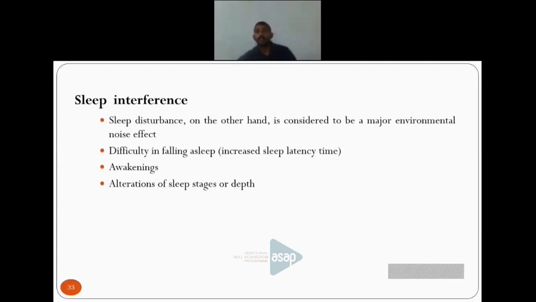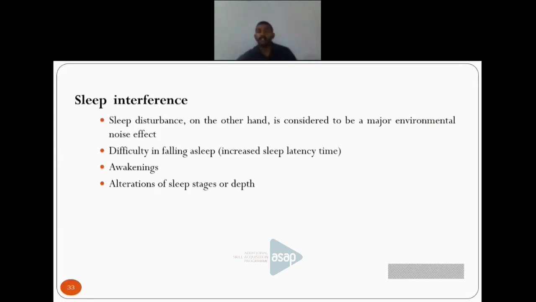Studies show difficulty in falling asleep if there is noise exposure from a nearby rail track. If the house is near the railway track, people will fall asleep late, which means they cannot go to sleep on time.